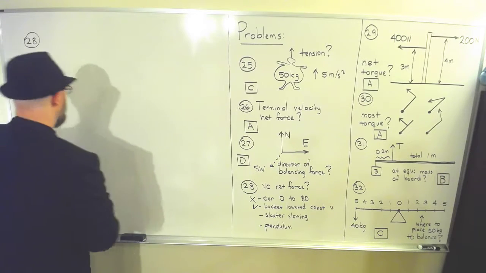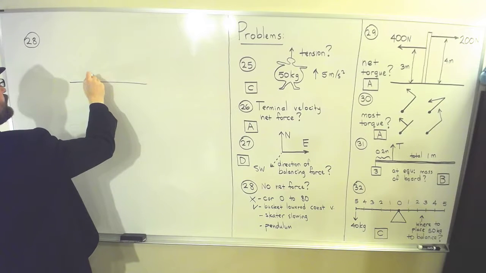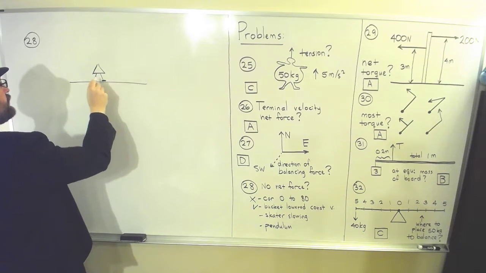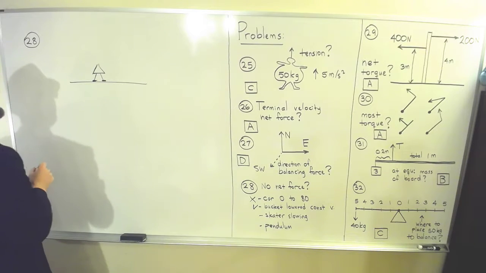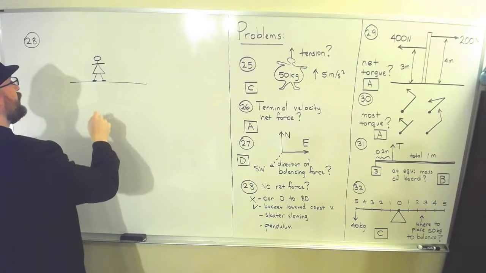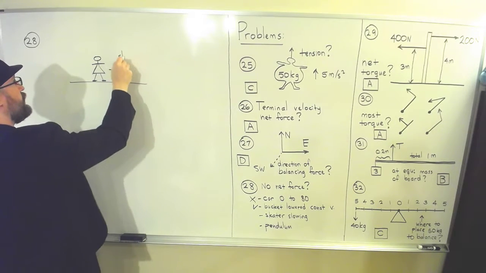Now the next one says that you have a skater on ice, and so I can't draw a skater, but let's try. I don't know, is this gender stereotypical to draw it as a girl? I guess it could be either way, right? I can't draw ice skates. Anyway, she slows down.